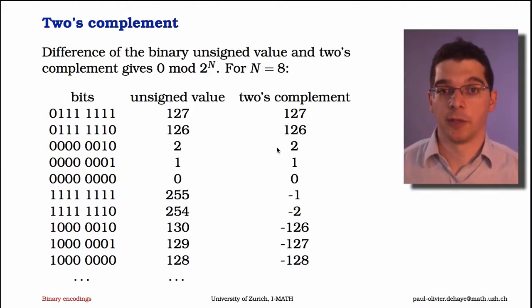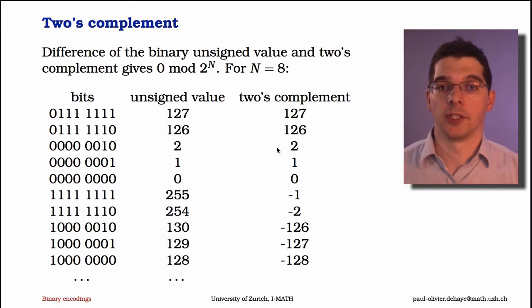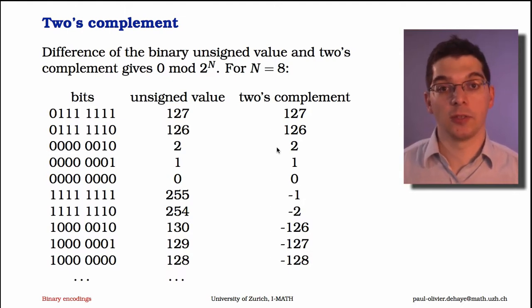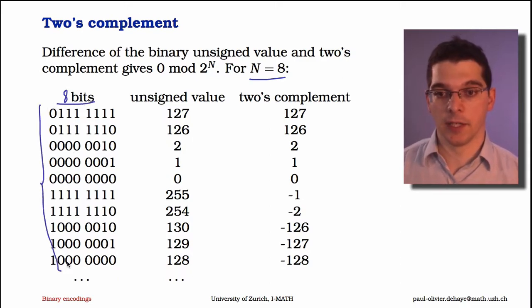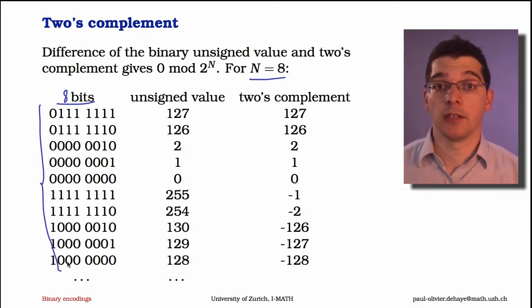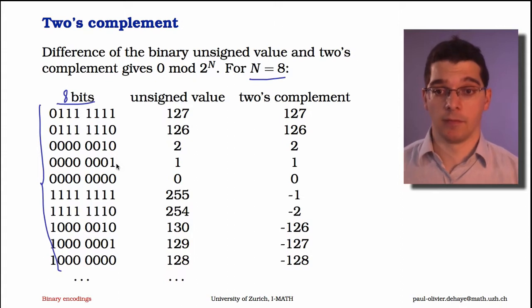So what is 2's complement? Well, 2's complement assigns a certain value to a certain pattern of digits, and this value should be an integer. So it's also dependent on some number n. In this case, I'll take n equals 8, which is a standard example. So I have 8 bits here and different patterns of 8 bits. When I read them as unsigned integers, they correspond to some integers between 0 and 2 to the 8 minus 1.